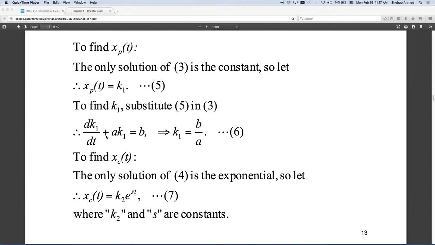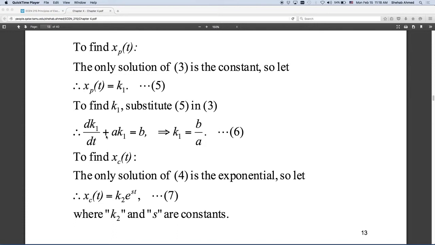We know that when it was a homogeneous equation, the solution was the exponential. When we added the constant on the right hand side, what this added was a constant, a shift to the exponential, right? Because the differentiation of x plus x multiplied by some constant is equal to a constant. If that constant on the right hand side is 0, x of t is equal to the exponential, right?